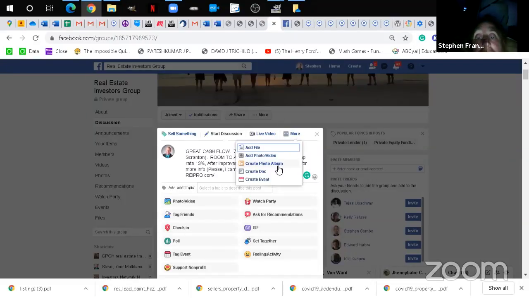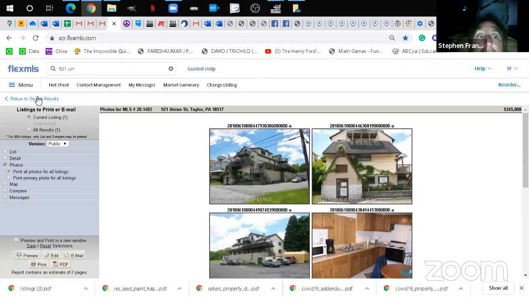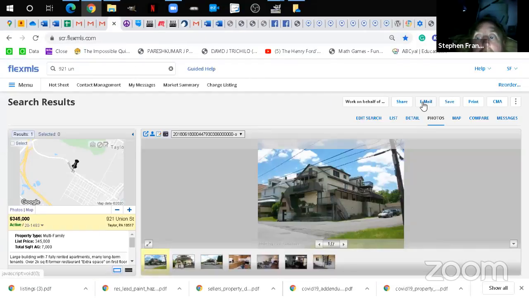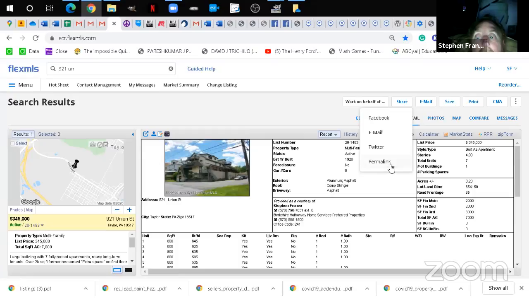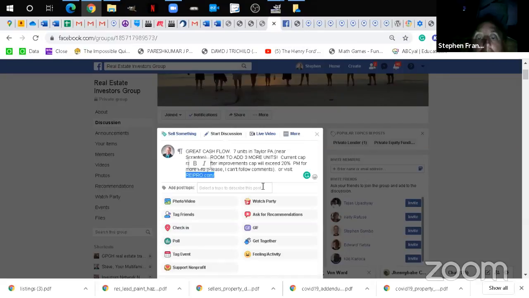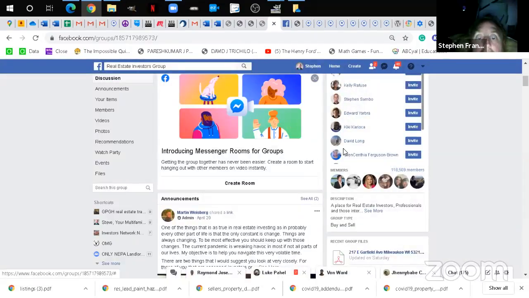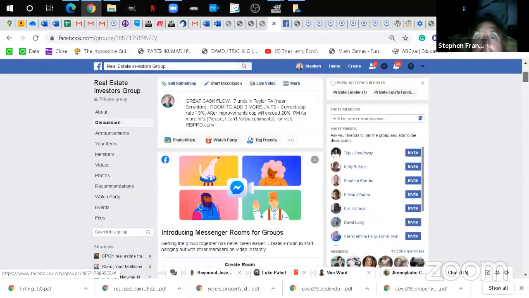If you don't want to go to that step, what you do is say, or visit, because on the Flex, share. Well, actually, I always go back to detail. Share the permalink. Take the permalink. Whoopsie. Where did it just go?